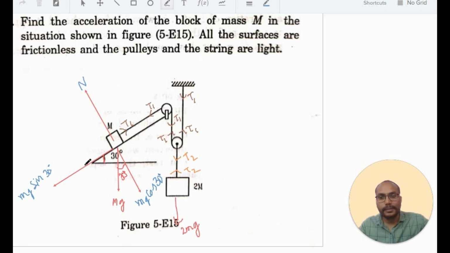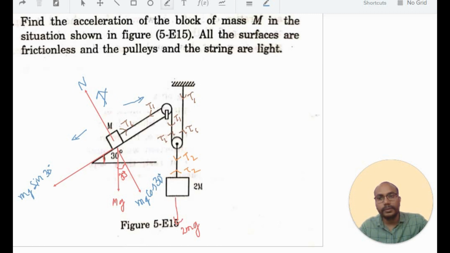In this situation, the mass is moving along the inclined plane. So it may be upward direction or downward direction. But there is no motion along the perpendicular direction of the plane.